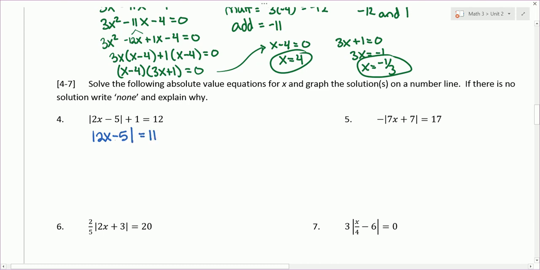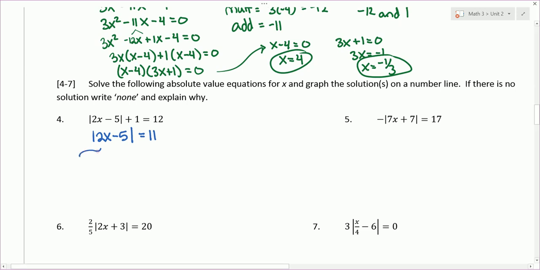At this point, we split this up into two parts. That 2x minus 5, when you take the absolute value of what number can give us 11? Well, the absolute value of 11 is 11, and the absolute value of negative 11 is also 11.